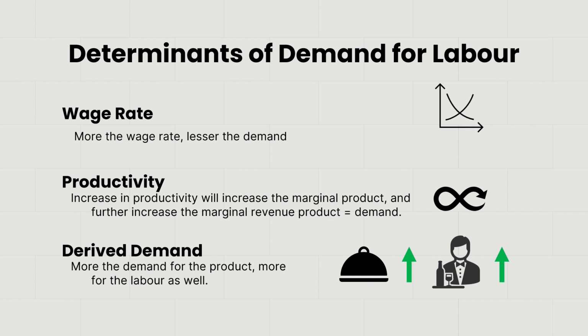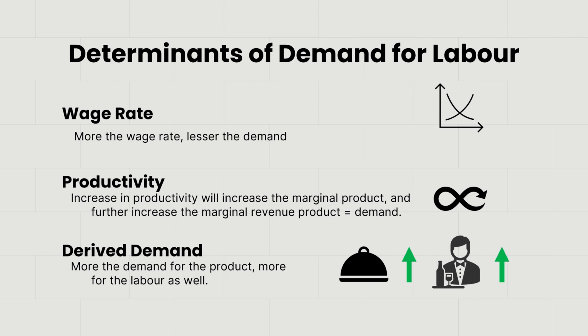So the determinants of the demand for labor are very simple. Wage rate: with higher wages, there would be less demand because the firm would be spending more, or the cost of production would be increasing, so they won't demand as much. If productivity increases, then the number of products produced will also increase, therefore increasing the marginal product as well.